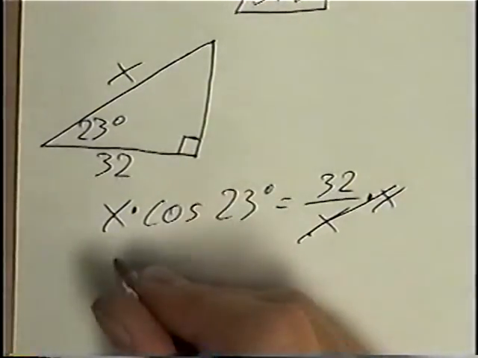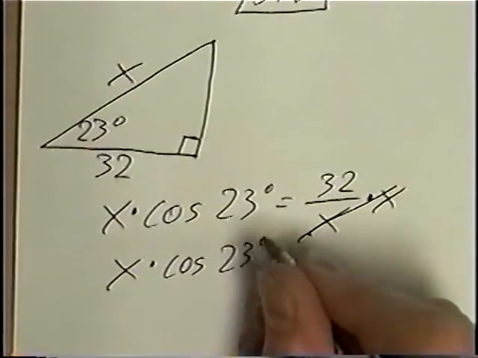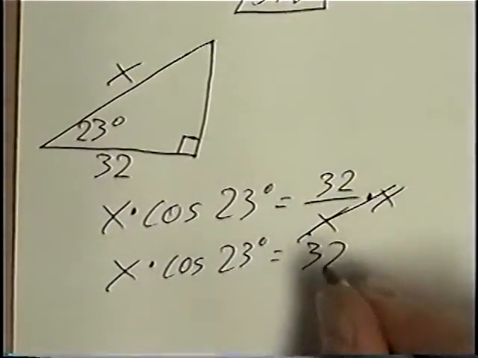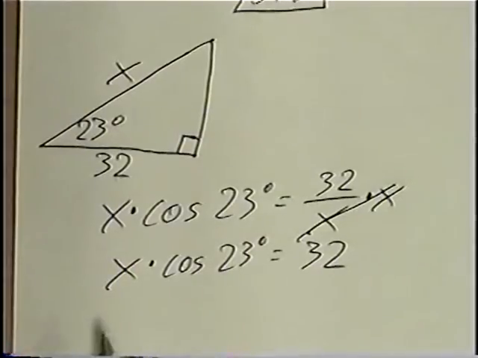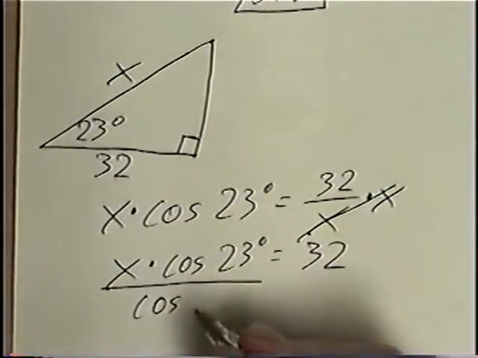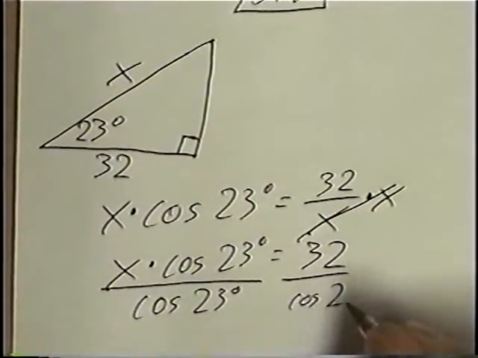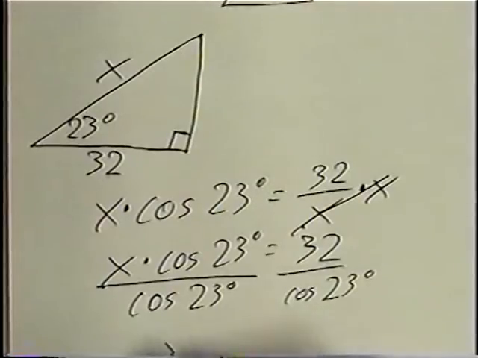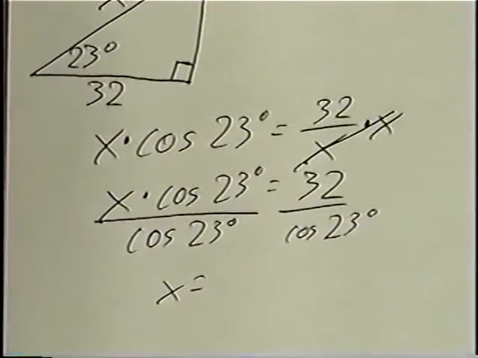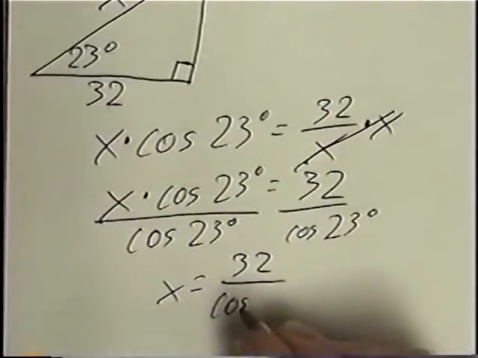So rewriting the equation, we have x times the cosine of 23 degrees is equal to 32. And last step, to get x by itself, we can divide by cosine of 23 degrees. And we'll have x equals the fraction 32 divided by cosine of 23 degrees.